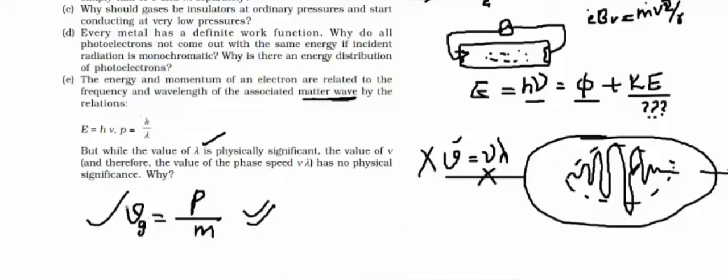The group velocity is significant. This velocity we call the phase speed. Phase speed is not significant, so frequency is not significant, because that happens only within the wave packet. Therefore we can say lambda is significant, but nu is not significant.